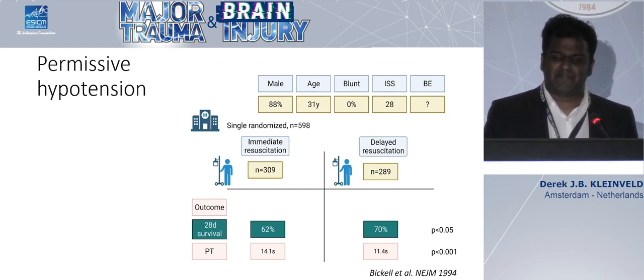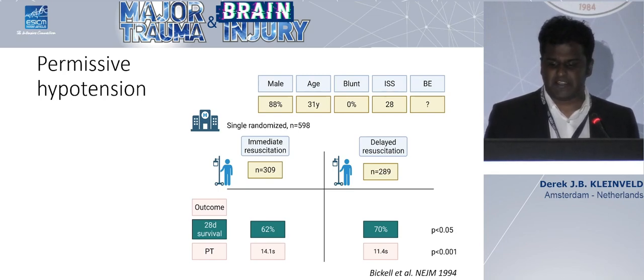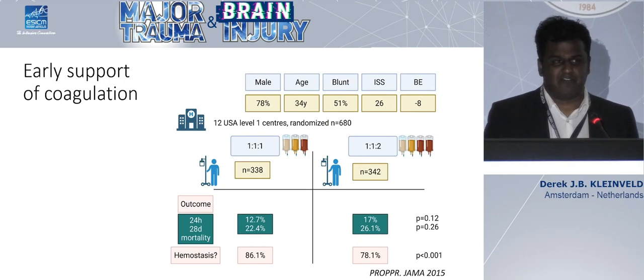And actually what they found was that there was an improved survival in the delayed resuscitation with crystalloids. And also in secondary analysis, they evaluated prothrombin time, and your prothrombin time was better when you delayed your resuscitation. Of course, we are now not using crystalloids in the resuscitation of those trauma patients anymore.